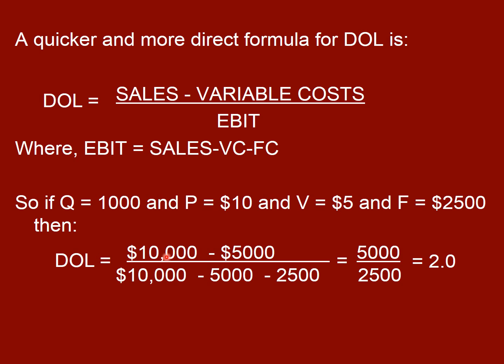Total sales of $10,000 minus our variable cost of $5,000 divided by our EBIT, which is sales minus variable cost minus fixed cost. And then sure enough, when you do the math, you end up again with a degree of operating leverage equal to 2. So either way you do it, you'll come out with exactly the same answer.